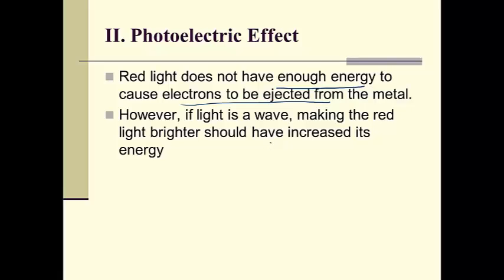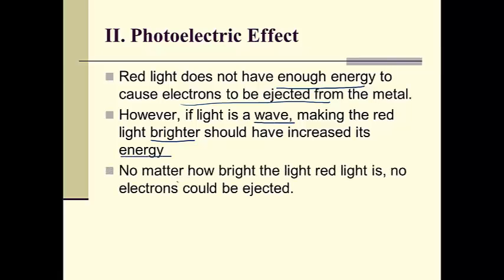But what's the significance of this? Remember, we said if light is a wave, the brightness is proportional to the energy. No matter how bright the red light is, no electrons would be ejected from this. Now, this is not what you'd expect from a wave.